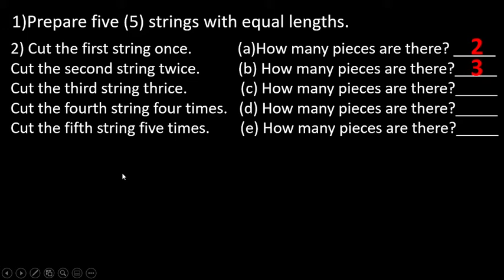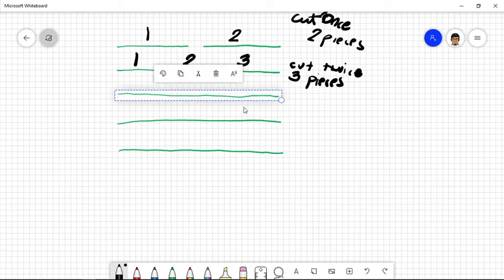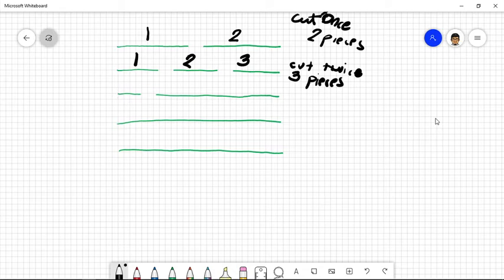Okay, next. You have to cut again the third string, but this time, you have to cut it thrice. 3 beses. Yung pangatlong string natin, i-cut down natin ang 3 beses. 1, 2, 3. So, this part is cut thrice.